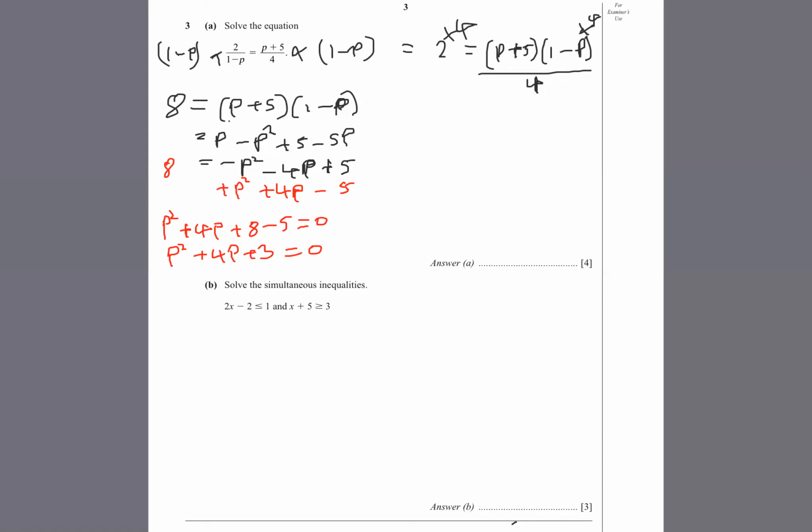So now here we have a quadratic equation. How do we solve a quadratic equation? We look for 2 factors of this value such that when you add them, they give you this one in the middle. This is a very simple equation to solve. The 2 factors: 1 times 3 gives us 3, and 3 plus 1 gives us 4.